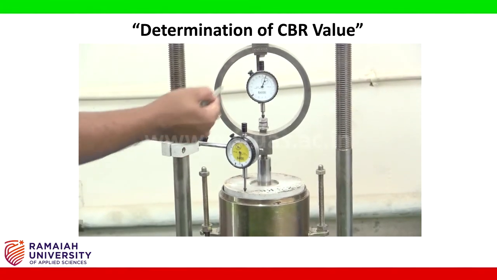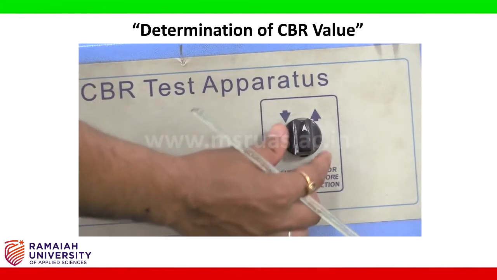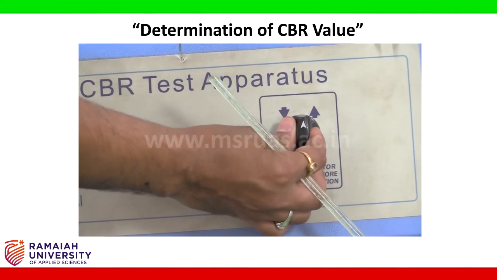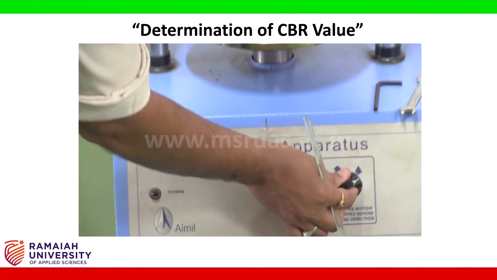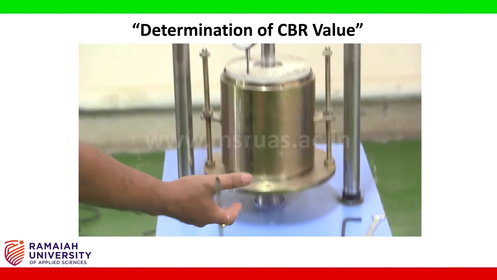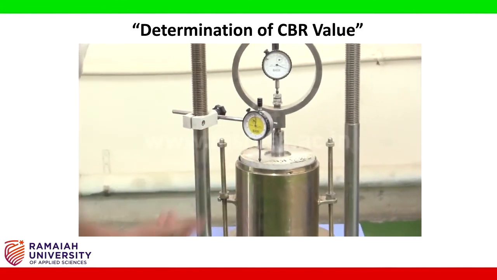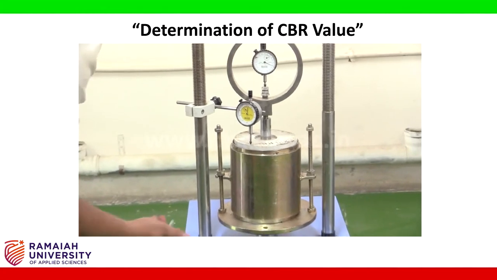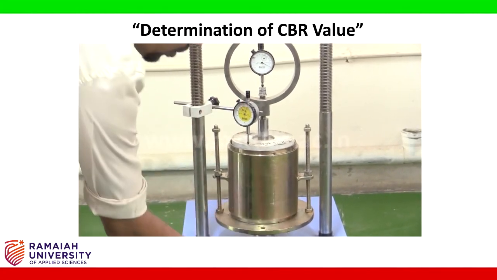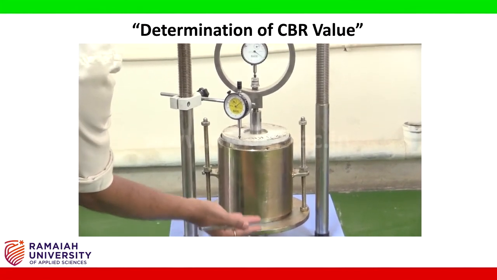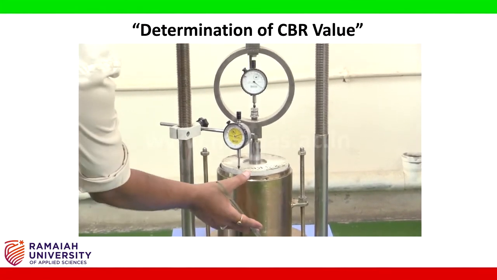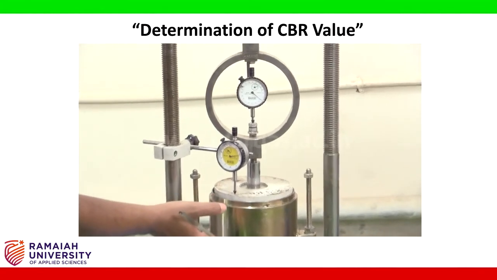Now to begin with the experiment, I make use of this knob by turning it to the right, which starts applying the load on the specimen. You can see that the moment I have switched on the knob, the base starts rising, thereby pressing the specimen against this reaction frame.